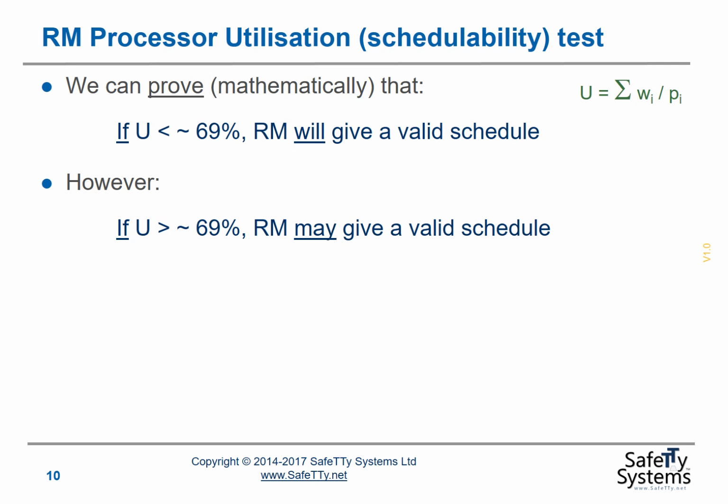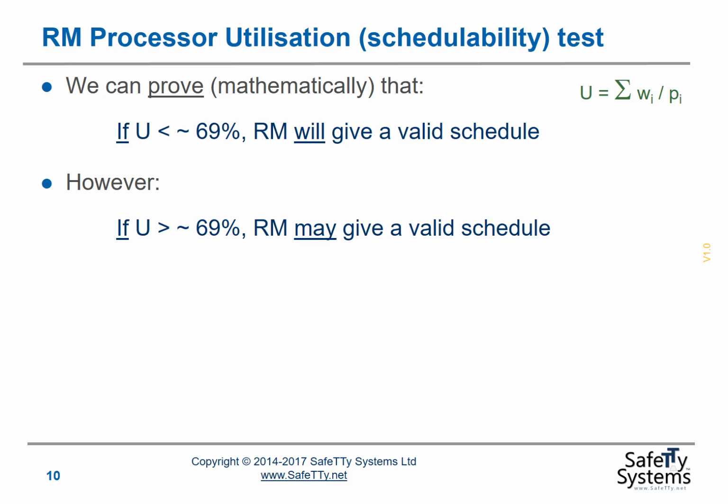If we have such a framework available, then we can prove mathematically that as long as our given task set has a utilization figure that's less than approximately 69%, then RM will give a valid schedule. Even if our utilization is greater than approximately 69%, RM may give a valid schedule.